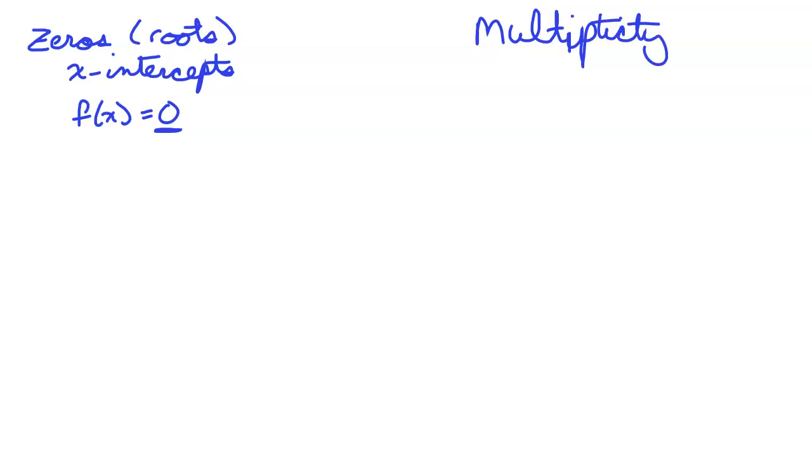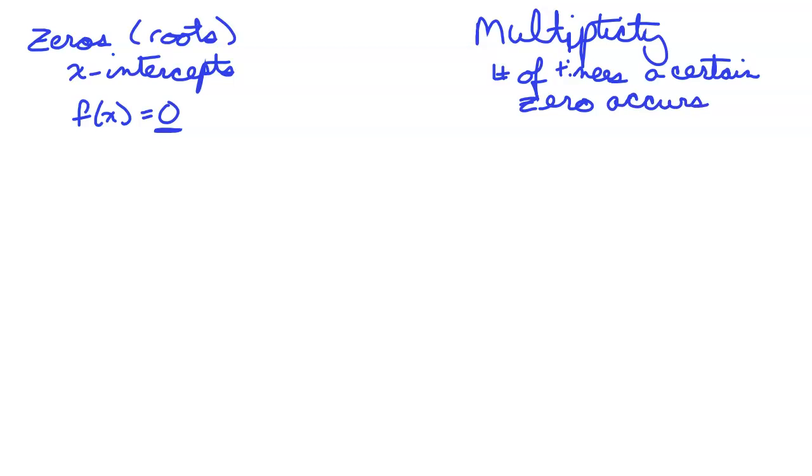Multiplicity is basically the number of times a certain zero occurs. And you see this whenever you get it into that factored format.